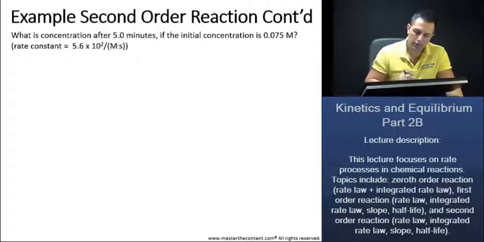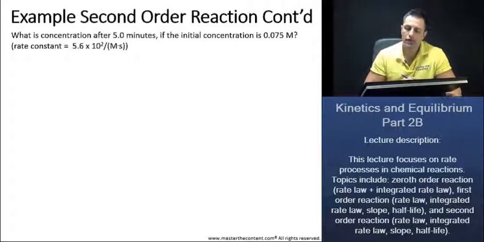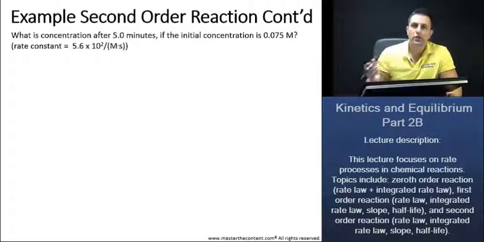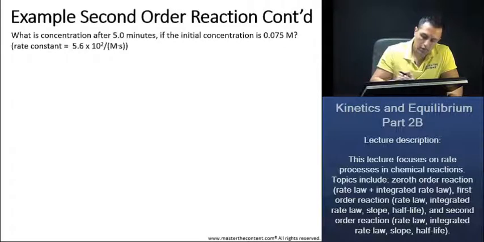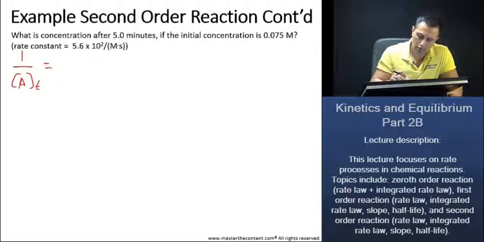All right. Well, what is the concentration after 5 minutes if the initial concentration is 0.075 molarity? Let's start here just by writing down our integrated rate law, and we know that our integrated rate law is the following. Right here, okay.